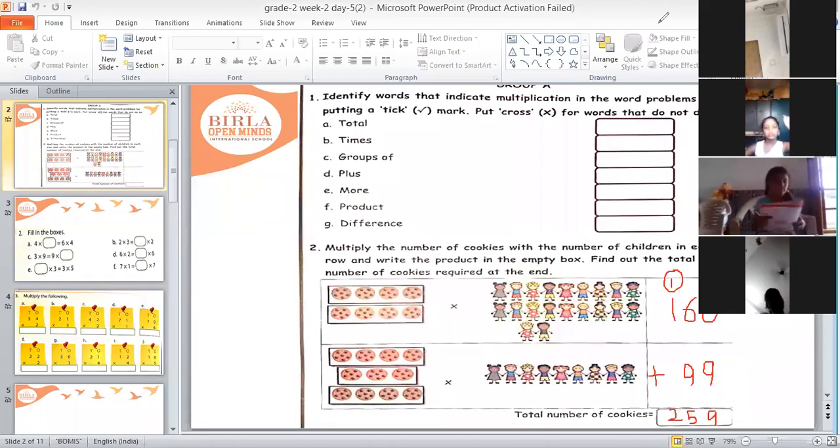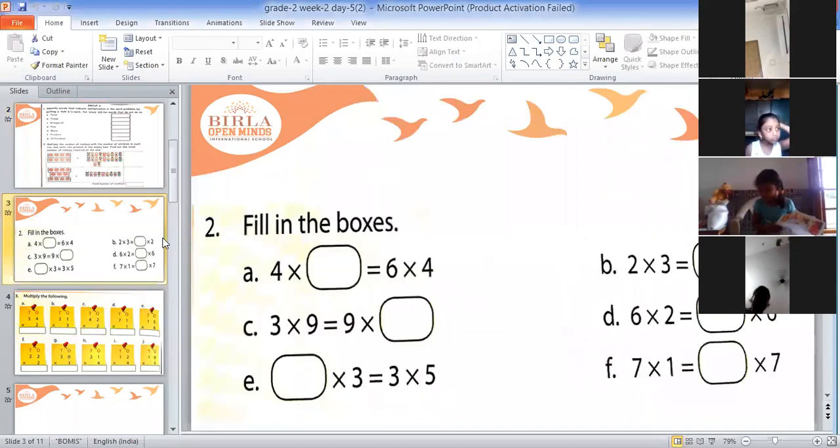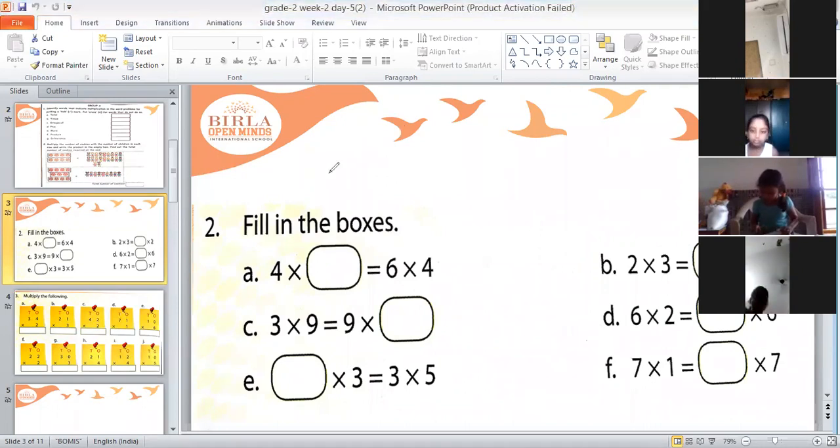Question number 2 we'll do, fill in the blanks. It's very easy. Write it in classwork. Again, I am repeating, this is question number 2 on page number 125 of your math textbook.